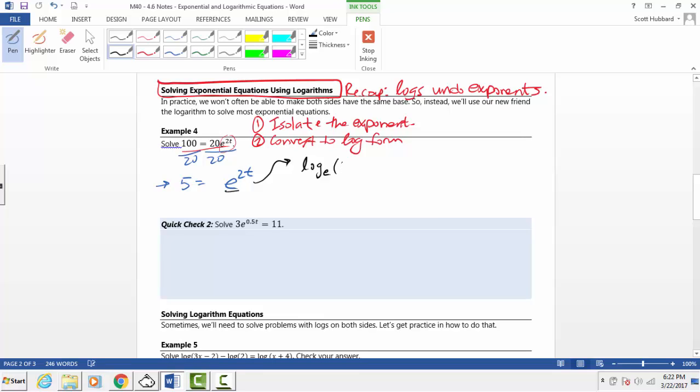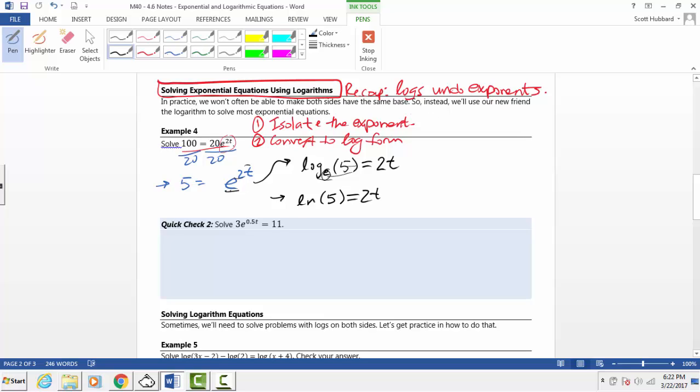What goes in was the answer from before, and then what goes across is 2t. Remember, there's like a triangle, so e raised up to the exponent becomes 5. So e raised up to 2t equals 5. And remember, we talked about log base e, that has ln as its function, equals 2t.